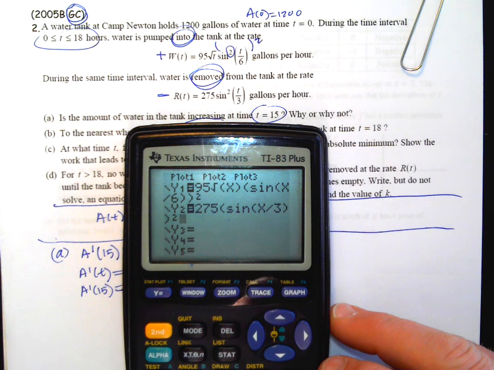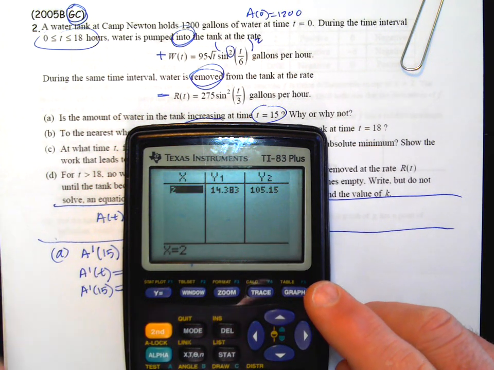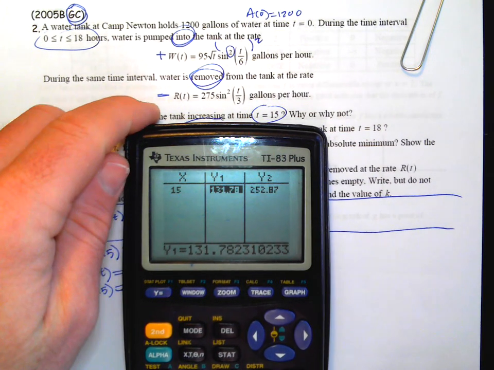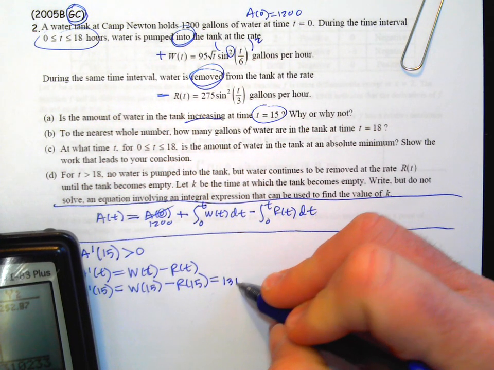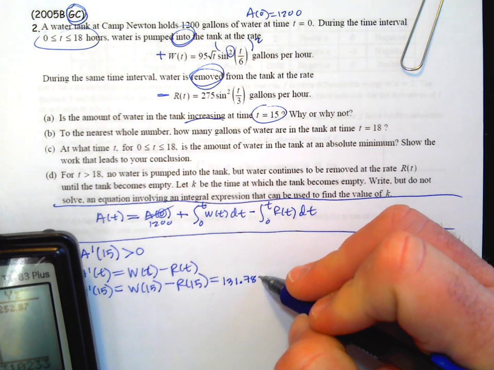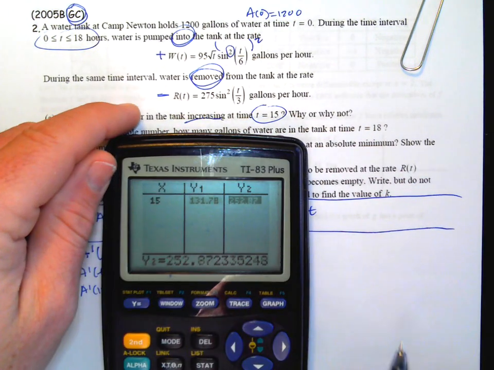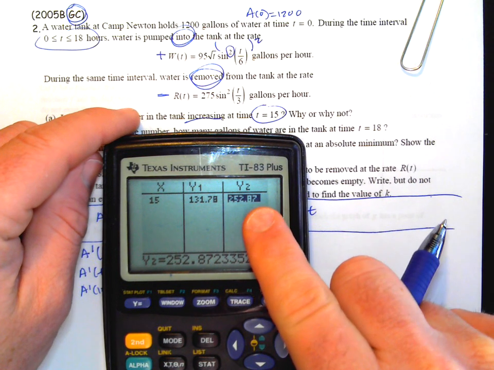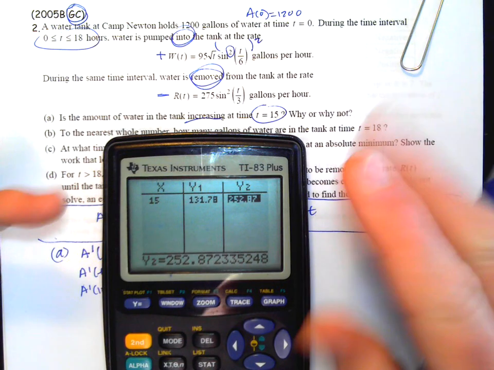Now I could go to the table if I just want to calculate some values and put 15 in there. And there's W(15). It's 131.78210. And R(15) is, now remember, if you highlight them, you get a more accurate version here because it's not even 3 decimal accurate right there. It only displays 5 digits in the table, and it rounds the last one for sure.